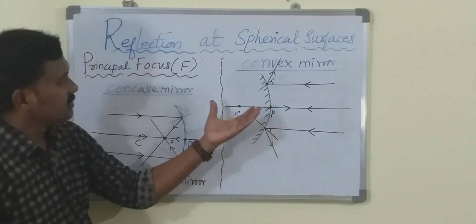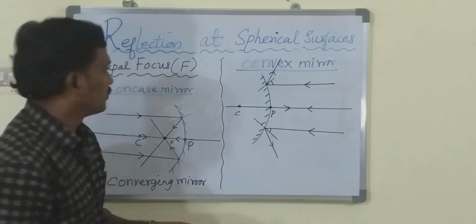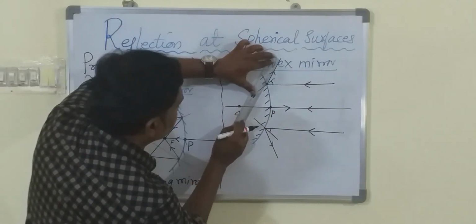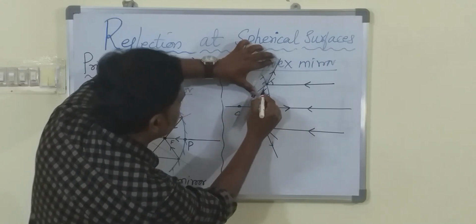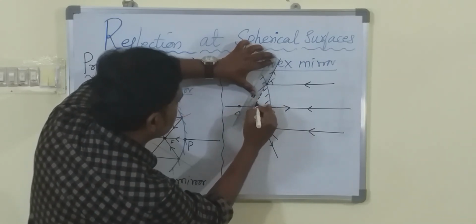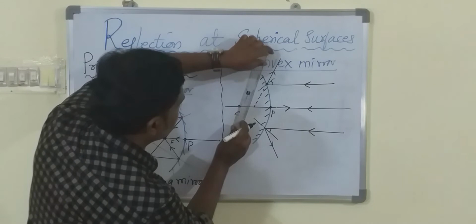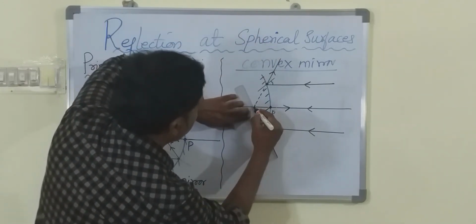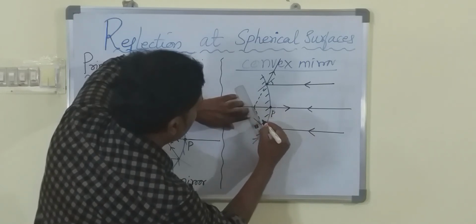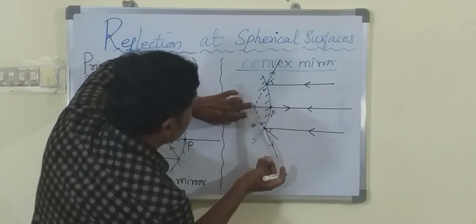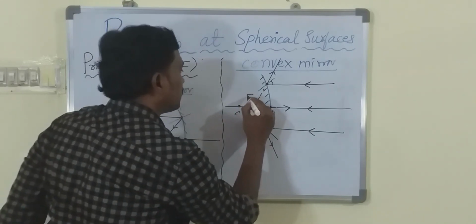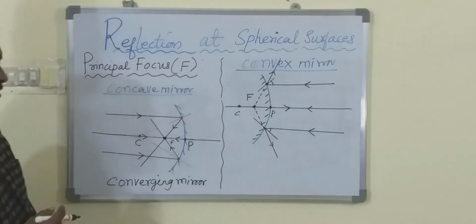So let me get the position of that virtual focus. For that, the reflected light rays should be extended backside, as we have done in the case of virtual image. Yes. So we can see that all the reflected light rays, if you extend backside, again meet at a particular point, and that point is what we call the principal focus.